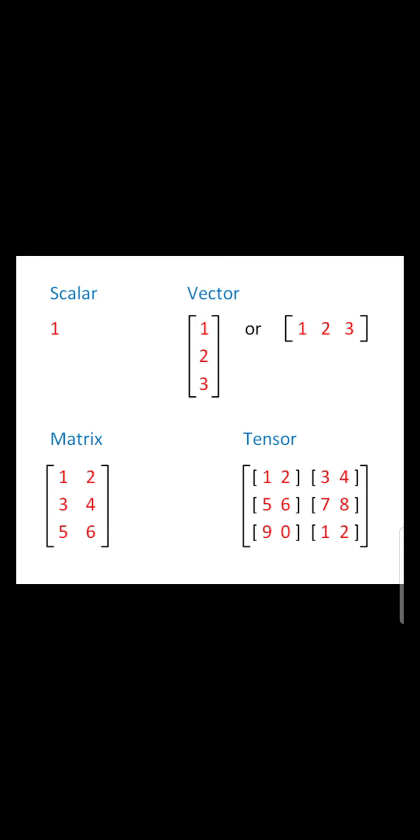If this 1 is represented in the form of a vertical column 1 2 3 or a horizontal row 1 2 3, if this 1 is transformed using some mathematical tools or formula and can be converted into the form of 1 2 3 vertical or 1 2 3 horizontal, meaning this 1 in vertical and this 1 in horizontal, then we say that this 1 is a vector quantity.